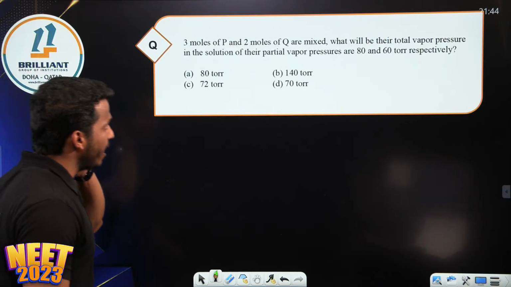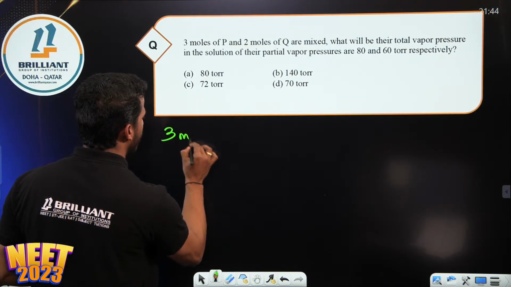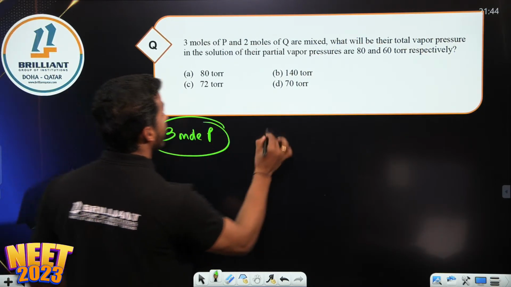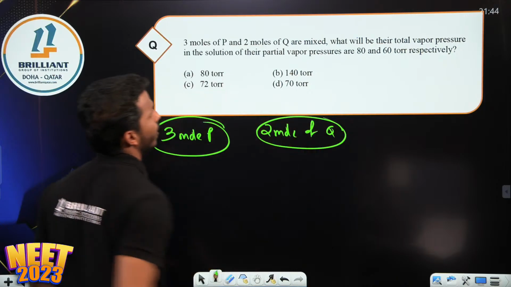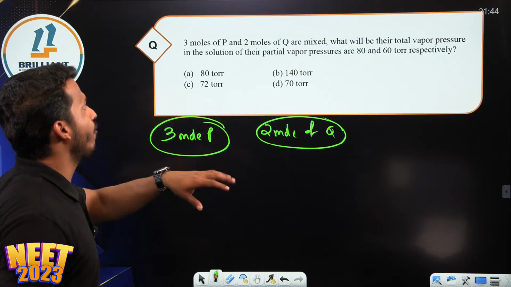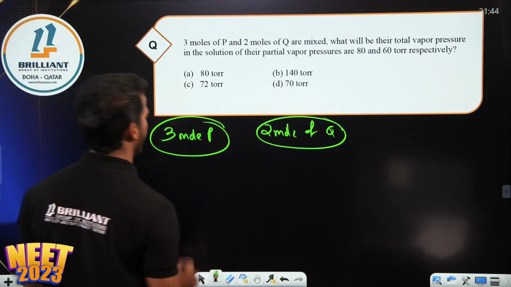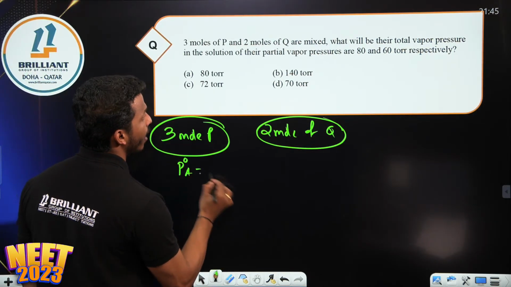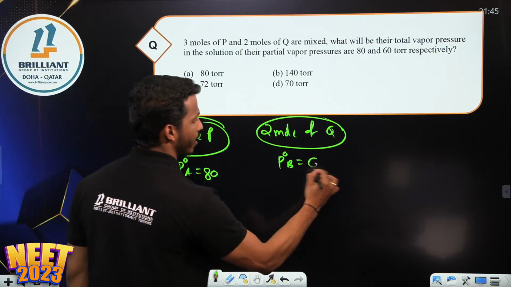Next one. 3 moles of P and 2 moles of Q are mixed. What will be their total vapor pressure if their partial vapor pressures, that means P naught A and P naught B, are given as 80 and 60?